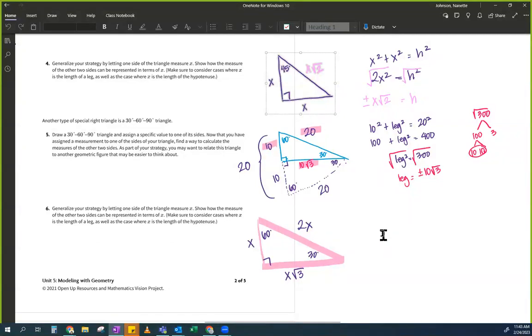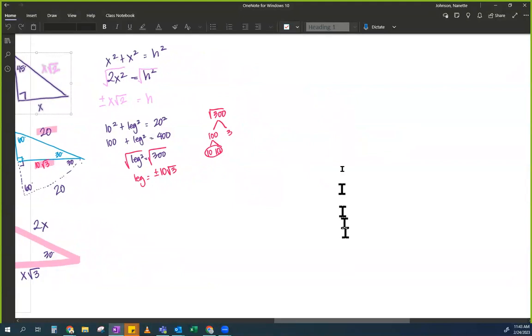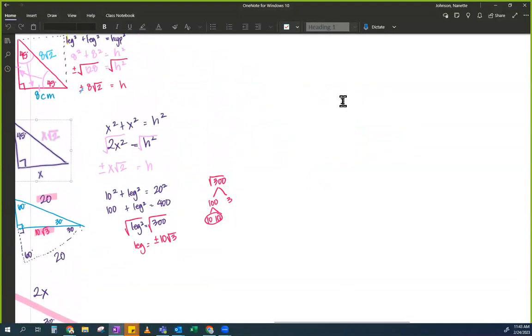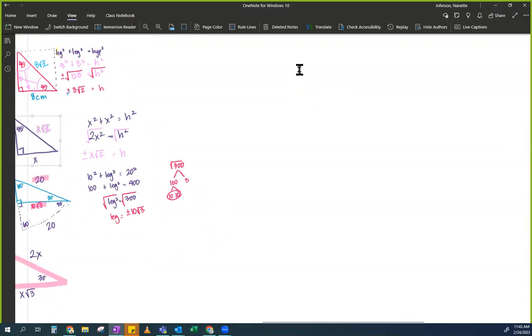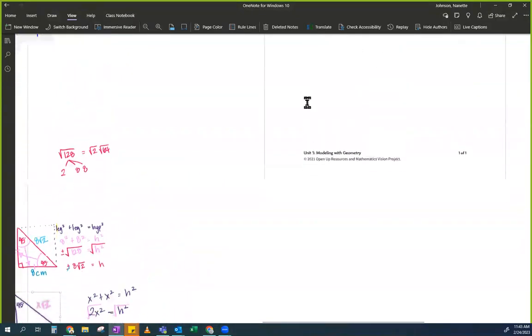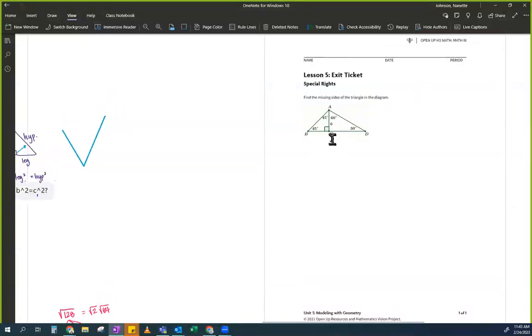For now, my suggestion is, when you do this problem up here, your exit ticket, I don't know why it's so hard for me to scroll, but there it is. You should be seeing, oh, that's x root 2, and that's x, 2x, x root 3.